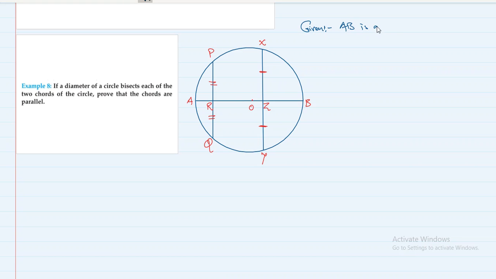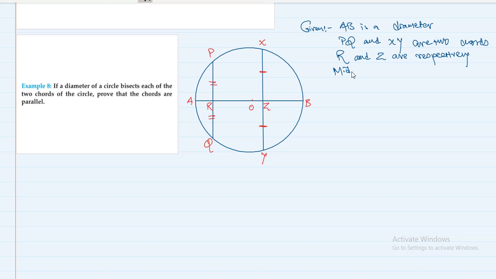AB is the diameter, so of course it passes through the center. PQ and XY are two chords and R and Z are respectively midpoints of PQ and XY.